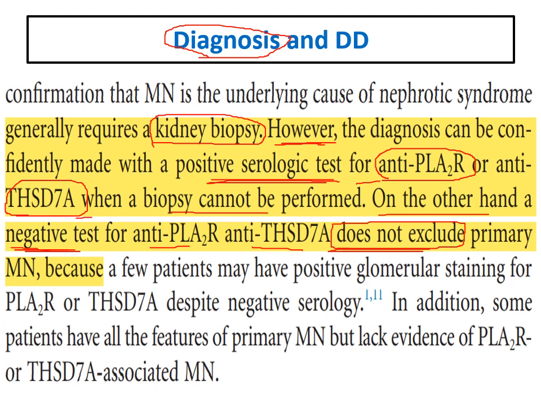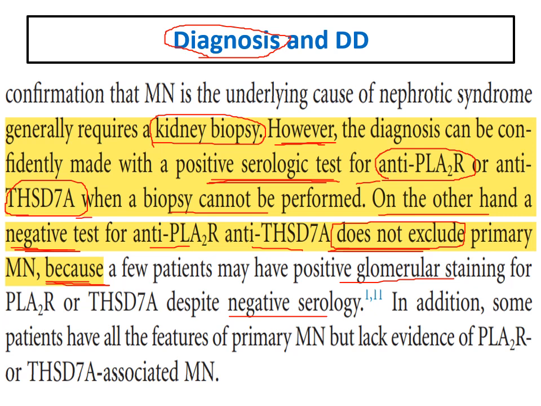Why might they be negative? They might give us a negative result because in some patients, despite negative serology in blood, we might have a positive glomerular staining. This is an indication for biopsy. If I have a high suspicion that this patient is a membranous patient, I ask for serology.